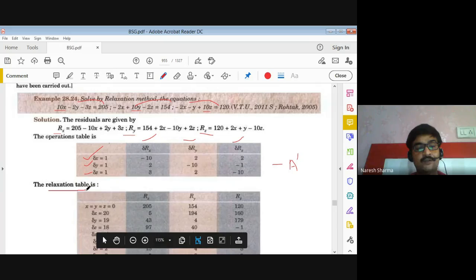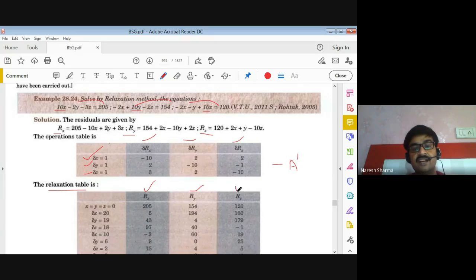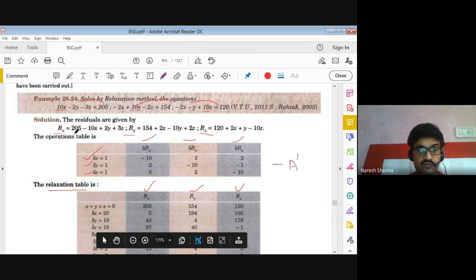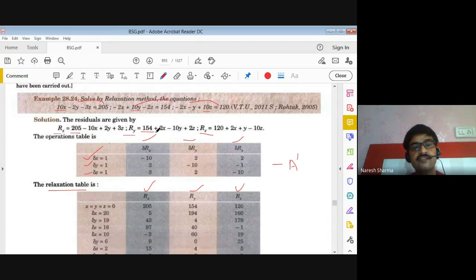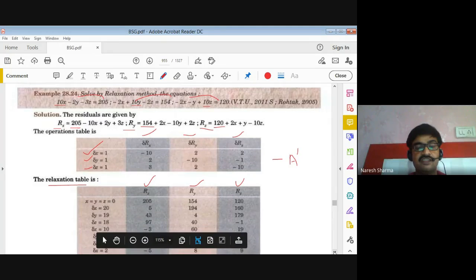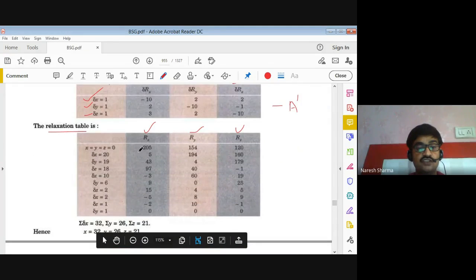Now you calculate your relaxation table. That is, you decrease the values of Rx, Ry, Rz, trying to reduce them to 0. But starting when you choose X, Y, Z equal to 0, it gives 205, 154, 120. After that, you see here the maximum value is 205.